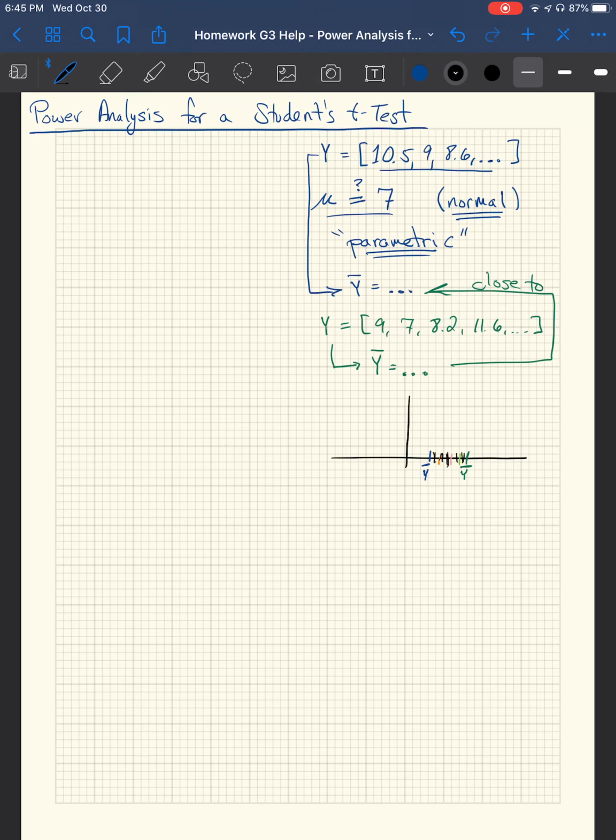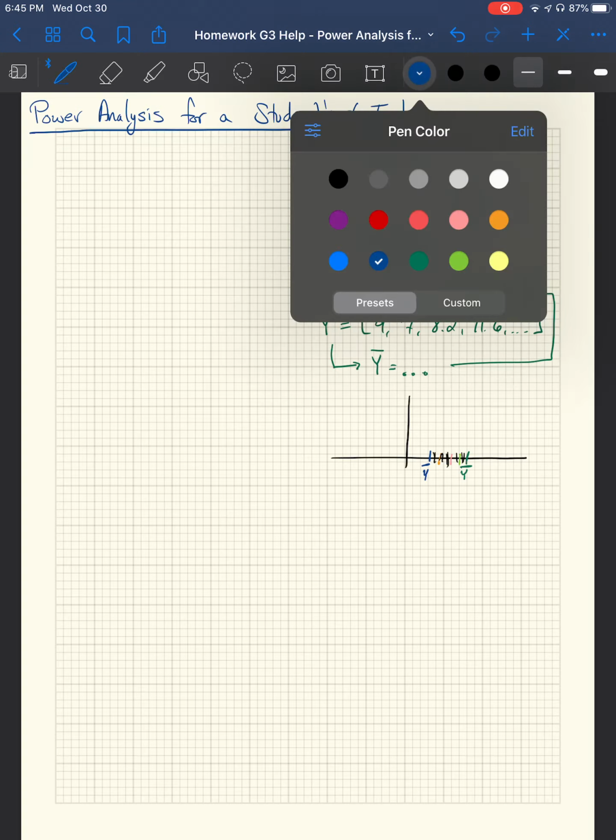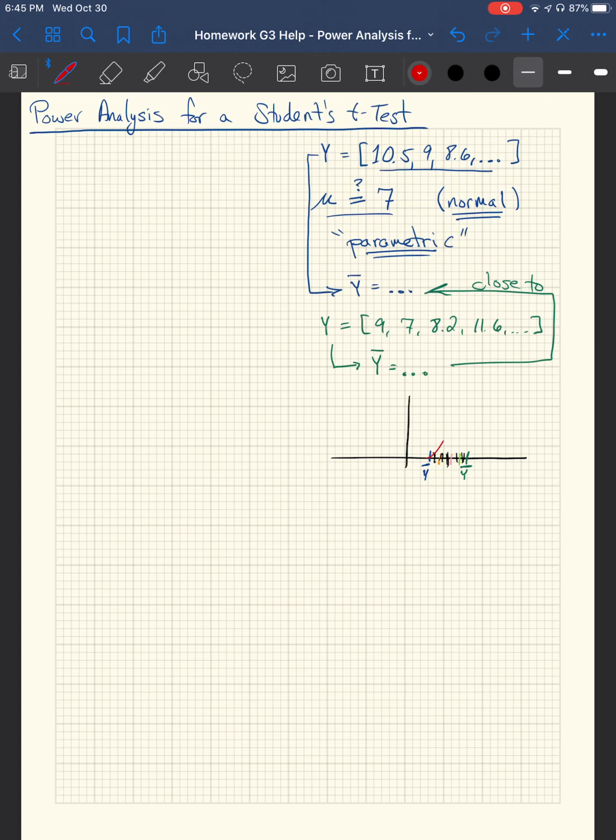And I end up getting a distribution of sample means. In other words, I could take a histogram of all of these data, and that histogram would end up looking pretty bell-shaped.